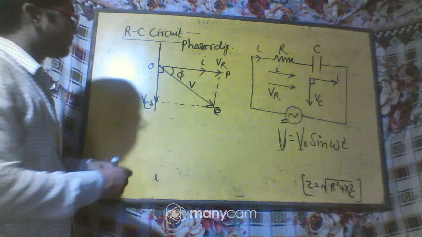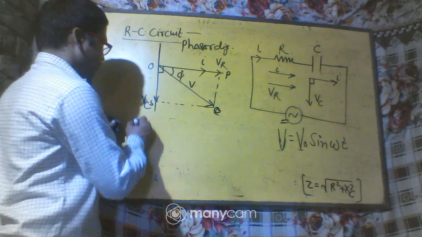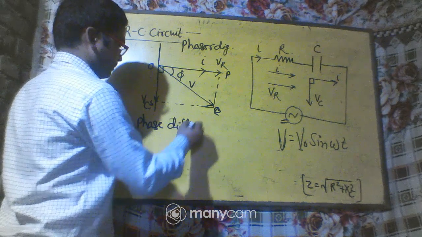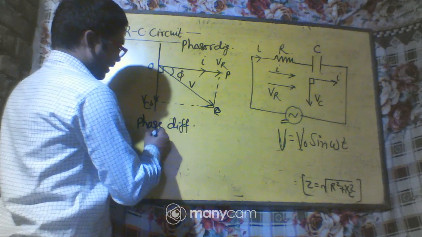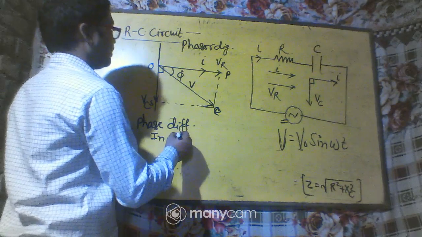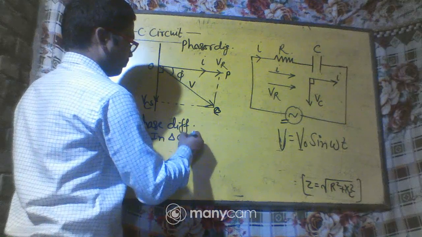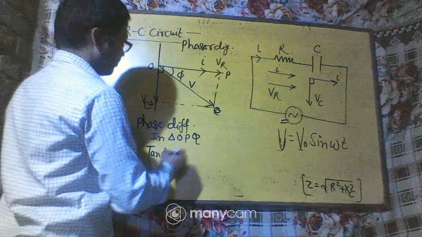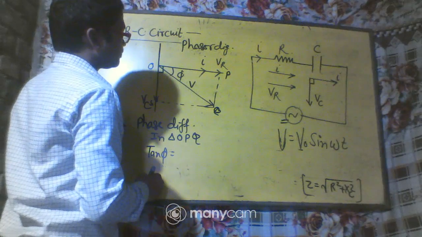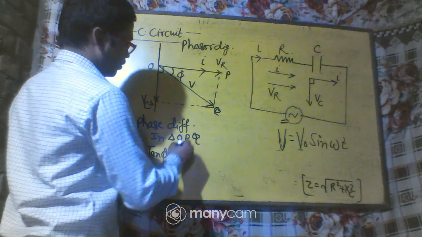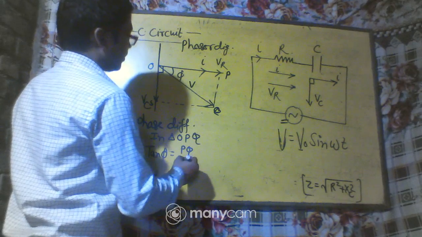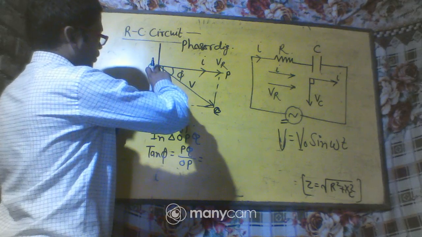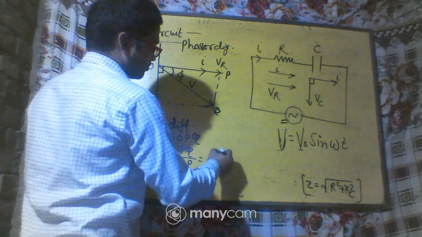So you can see here the phase difference between V and I is phi. So phase difference in triangle OPQ, tan phi is equal to PQ upon OP, and you know that PQ is equal to OS is equal to VC.